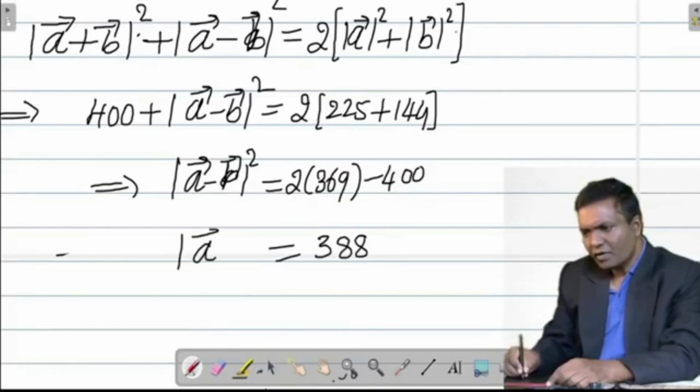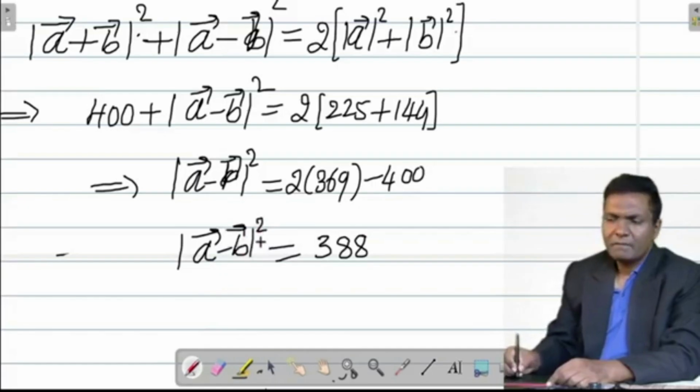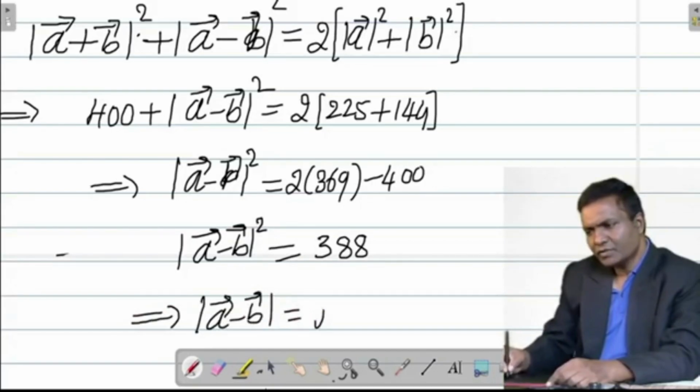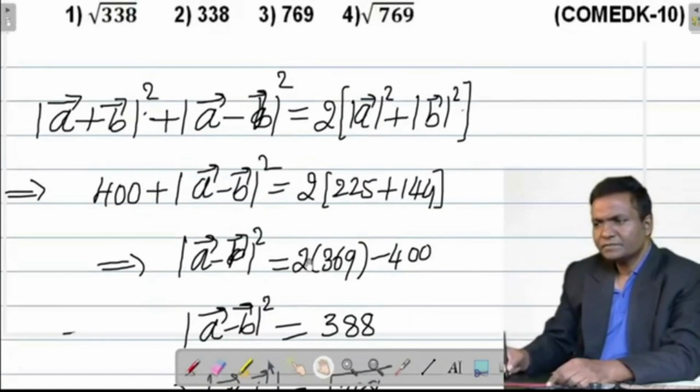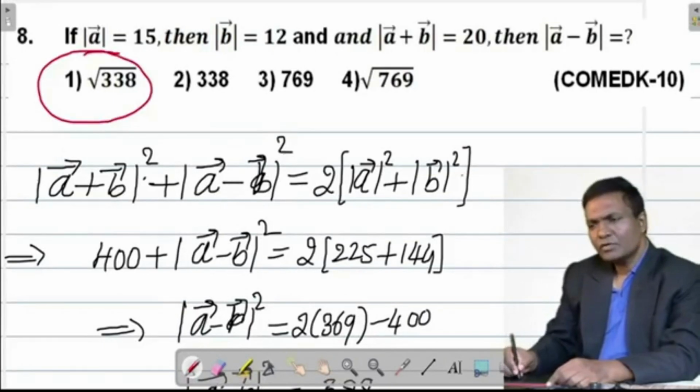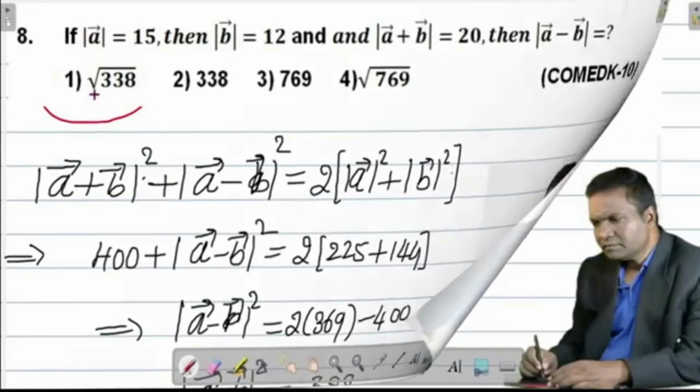So magnitude of A minus B square is this much, and we want magnitude of A minus B vector, so it is square root of 338. Check your answer. First one is the correct option. Okay, so let's move on to the next question.